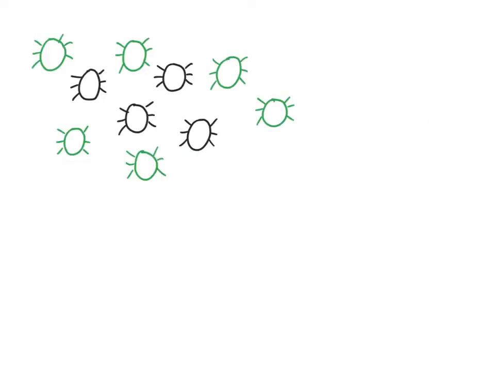So let's say that this is our population of bugs, and that green is dominant and black is recessive. Now, the first thing with Hardy-Weinberg to notice is going to be the recessive individuals. The reason why that's important is because if you are dominant looking, I can't tell what your genotype is based on appearance, because you could be either homozygous dominant or heterozygous.